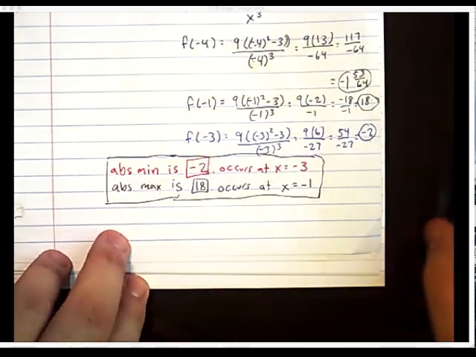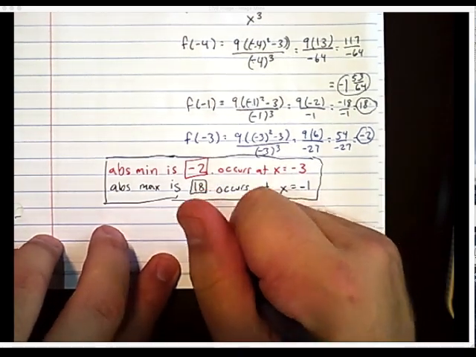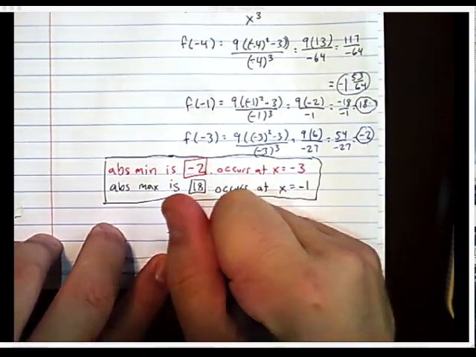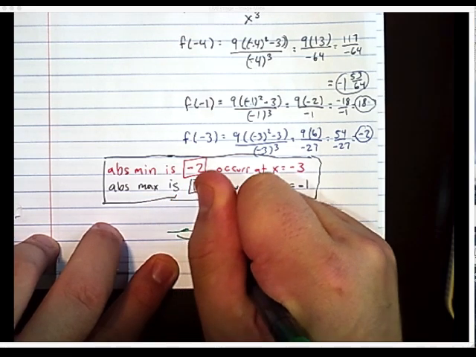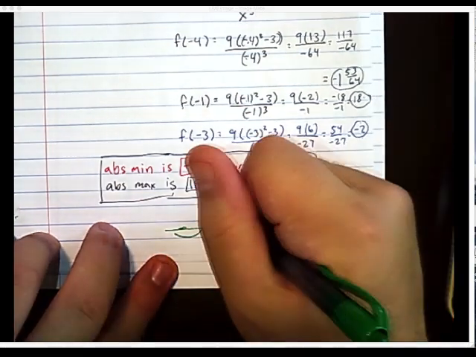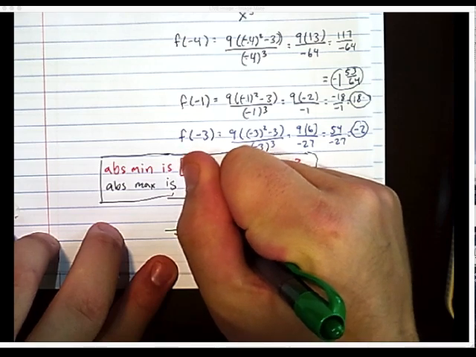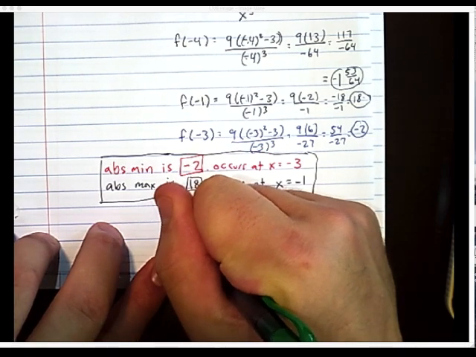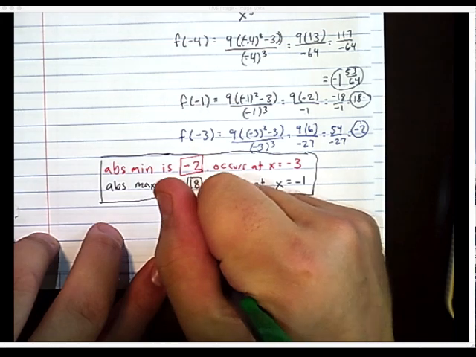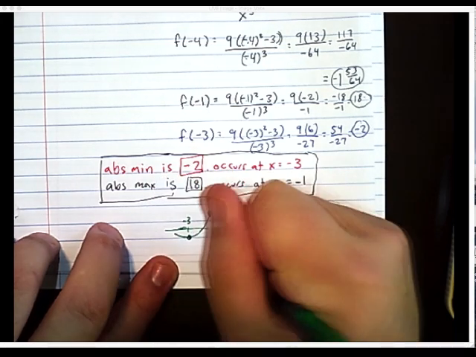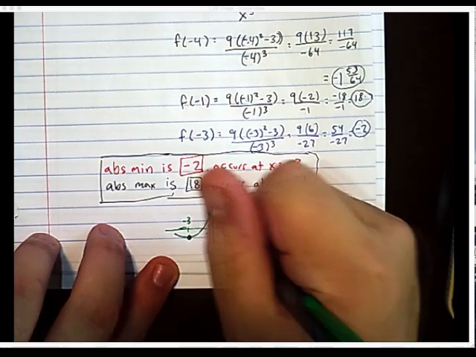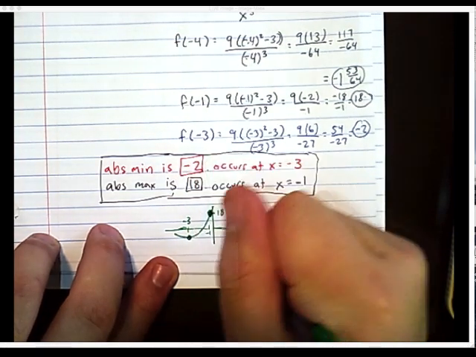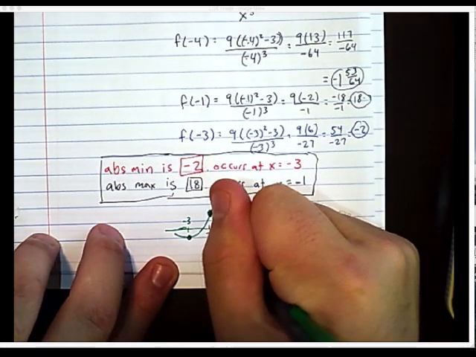If you think about the graph here, it looks like this, and then it looks like that, and then it comes up. So the high point is 18 and the low point is negative 2. The low point happened at negative 3, the high point happened at negative 1.